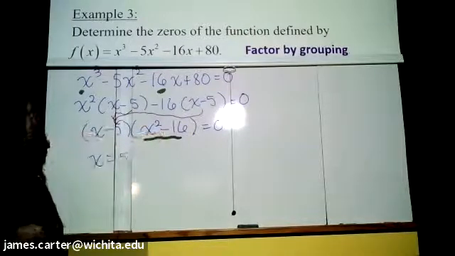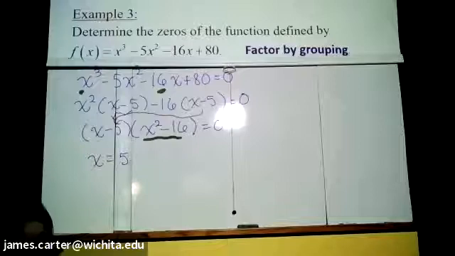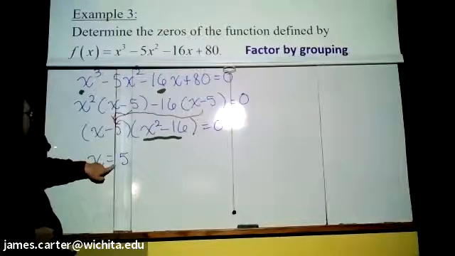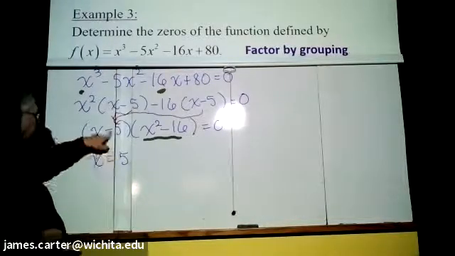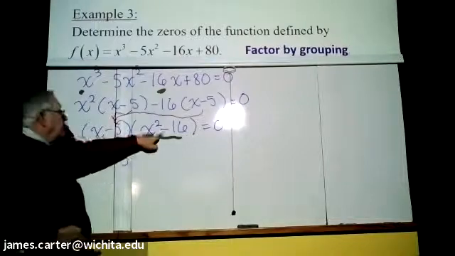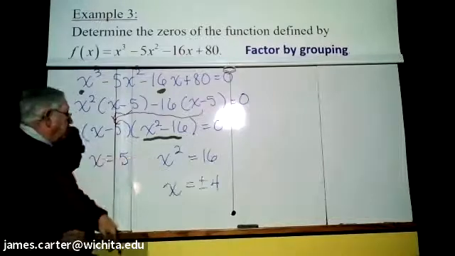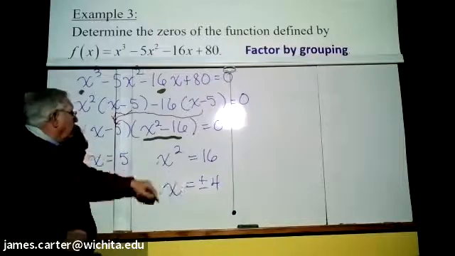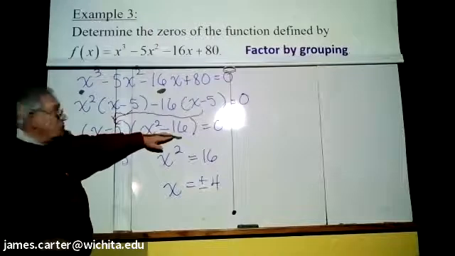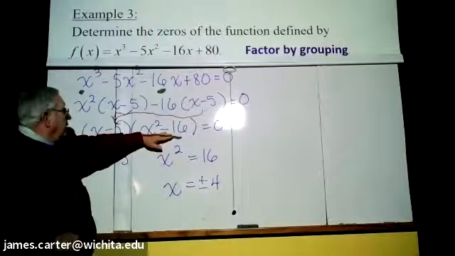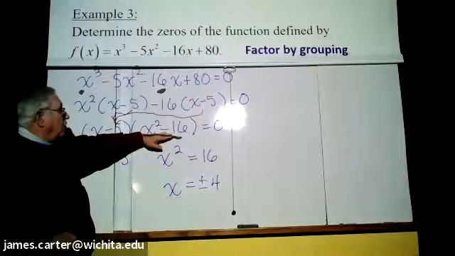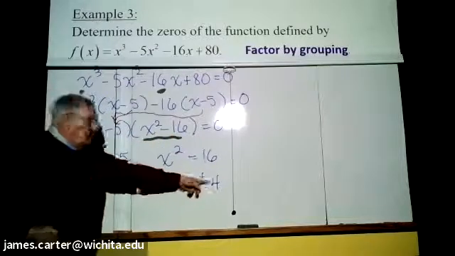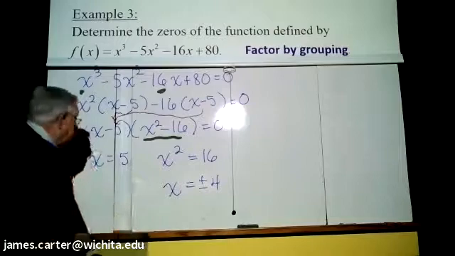This one will further factor. This gives us the value x equals positive 5. This factors further into x equals plus or minus 4. Or we could use the conjugate rule, x minus 4 times x plus 4, which would give us this same pair of values.